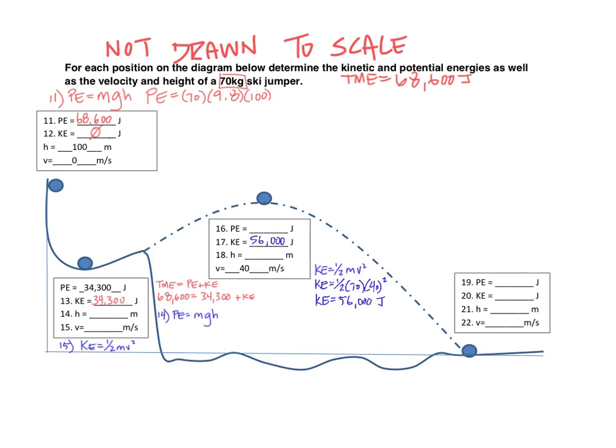So you know the potential energy has to be something that adds up to 56,000 to give you 68,600. So total energy equals PE plus KE. Total mechanical energy is 68,600. Potential energy is unknown. Kinetic energy we just solved for is 56,000. Solve for PE. Once you have PE, then you can use your potential energy to solve for height.